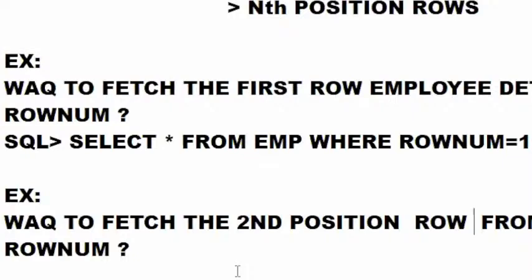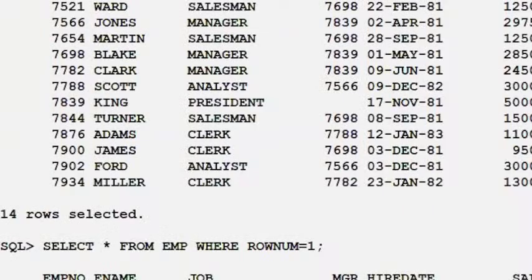Write down how to write it now. The second position row I want to fetch. How to write? ROWNUM equals 2. Write down.